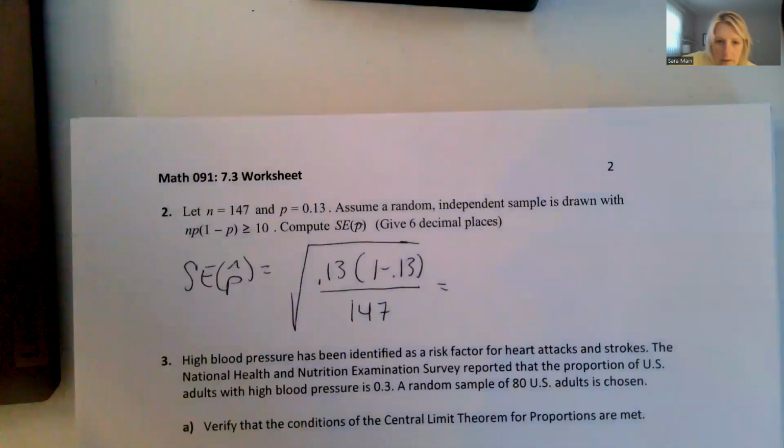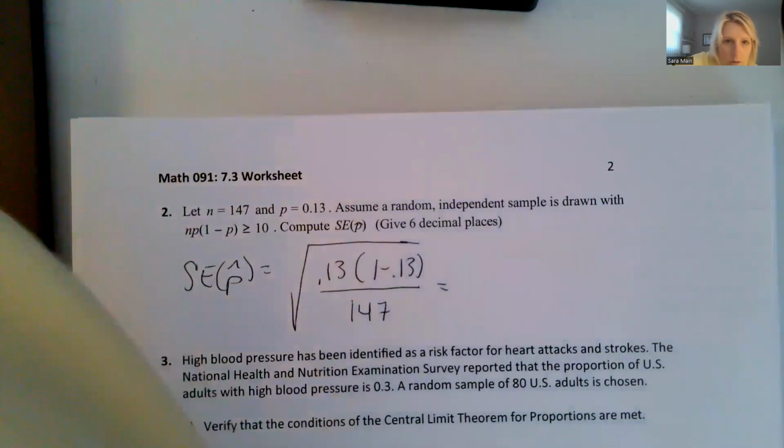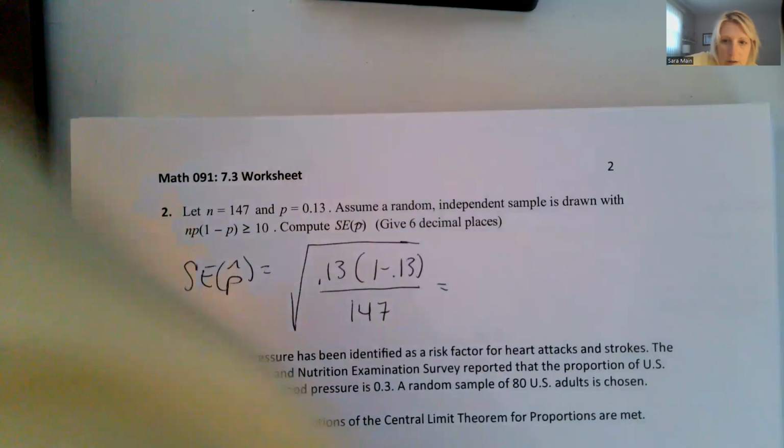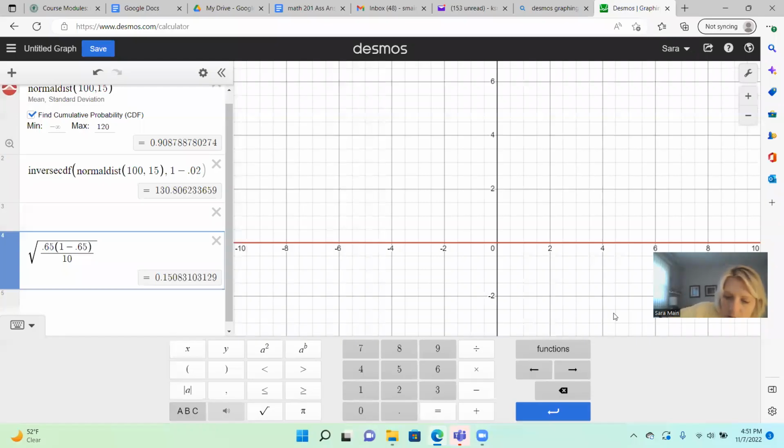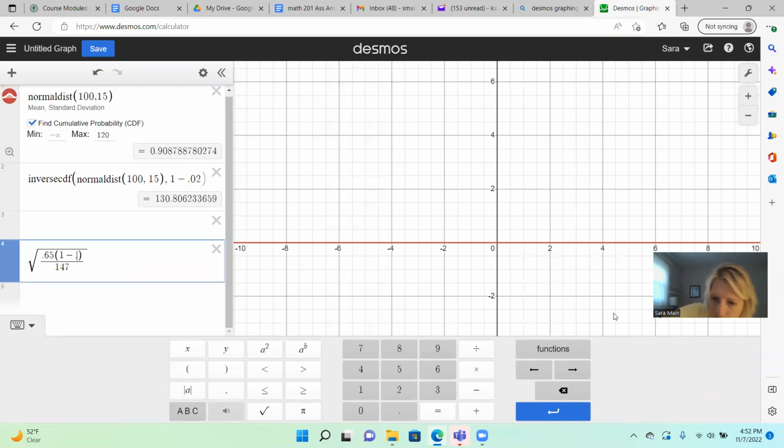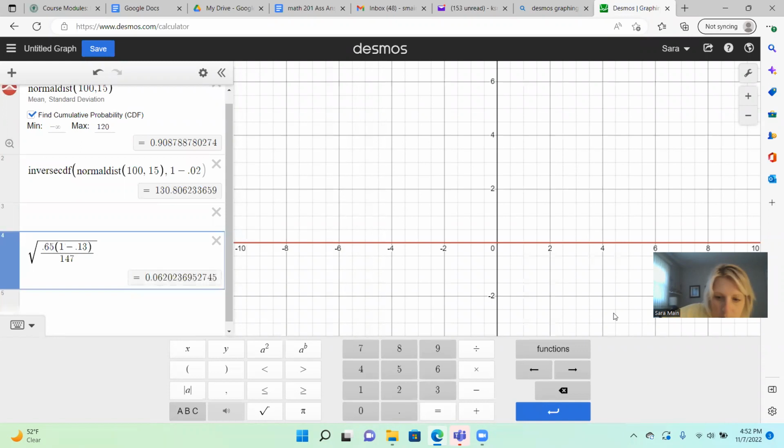And we get our standard error of 0.0277.